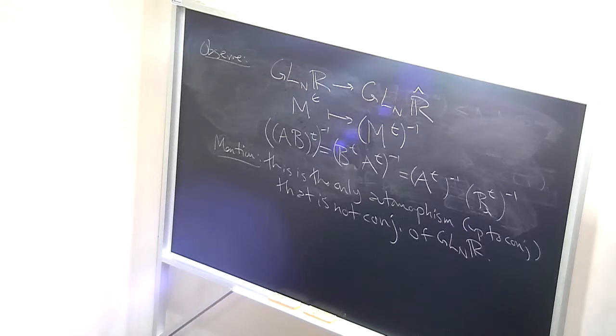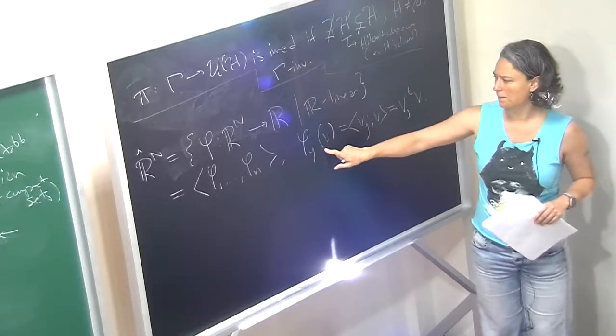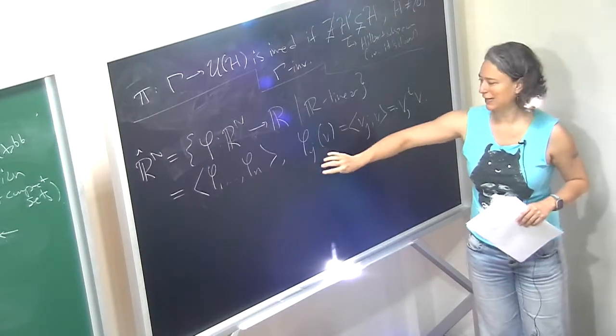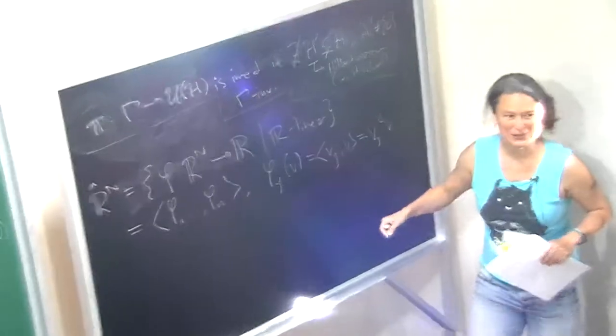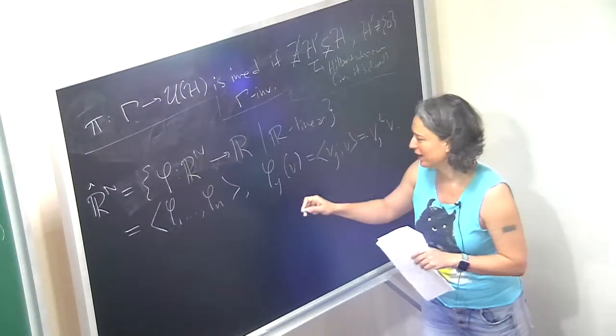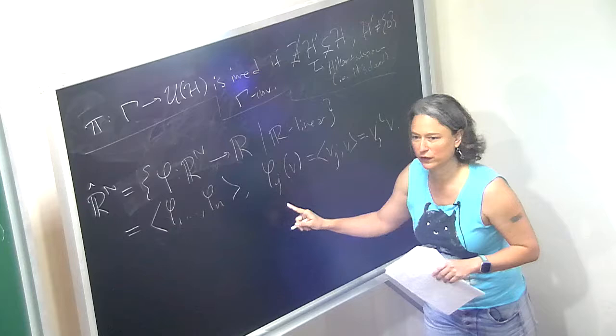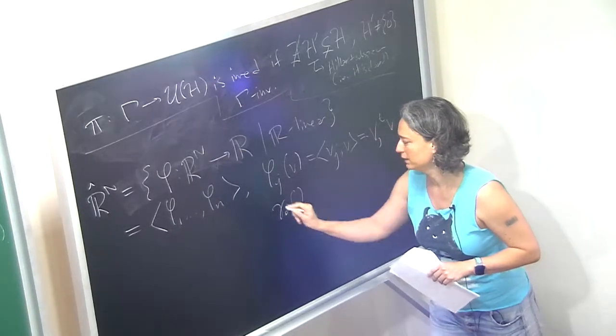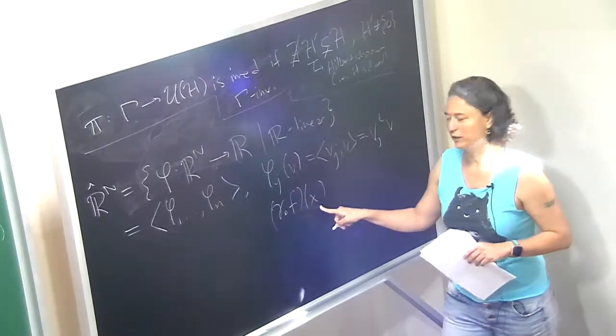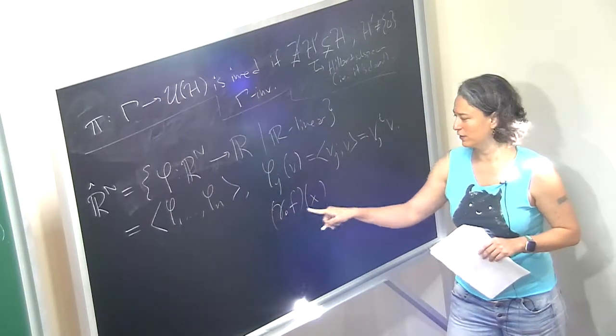Okay, so to do that, we need to study this a little more carefully. Remember when we were looking at L2, remember when we were looking at acting on functions? What did I have to do to X in order to make this an action?